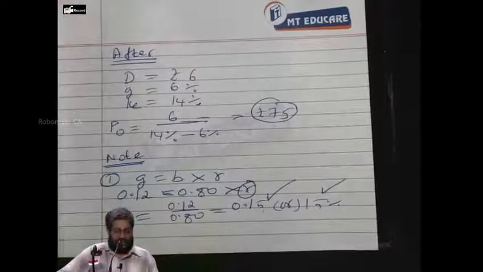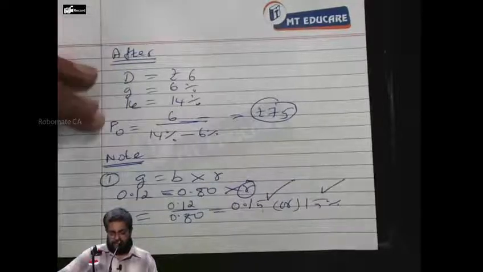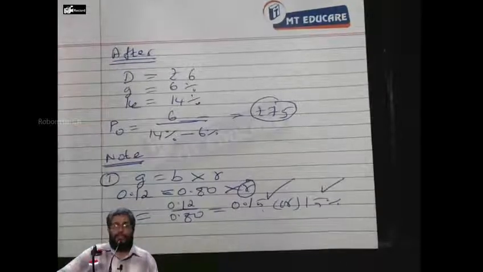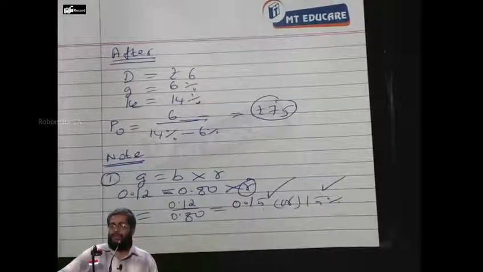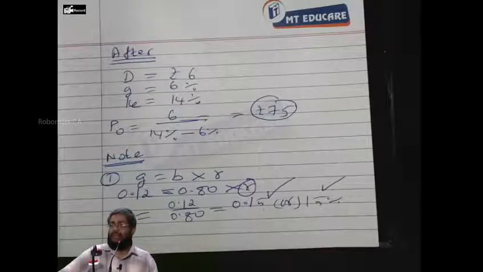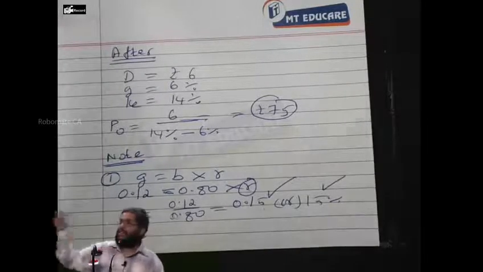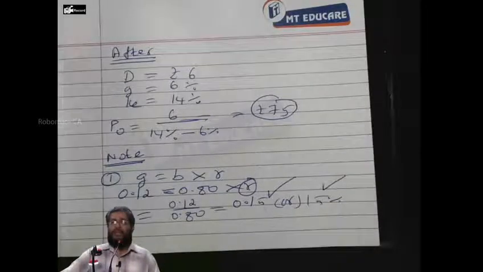And the balance 12 lakhs is distributed. That is, they earn only, when I distribute, they earn the cost of capital, or not? That is, they earn only how much percent? 14%.